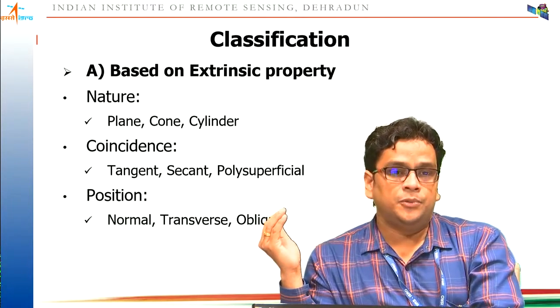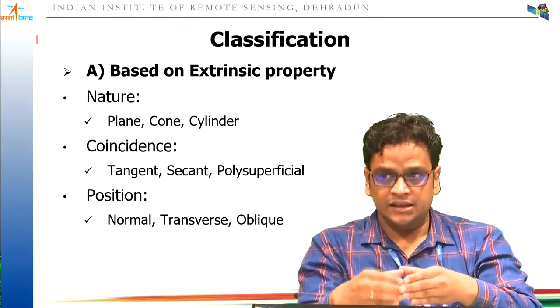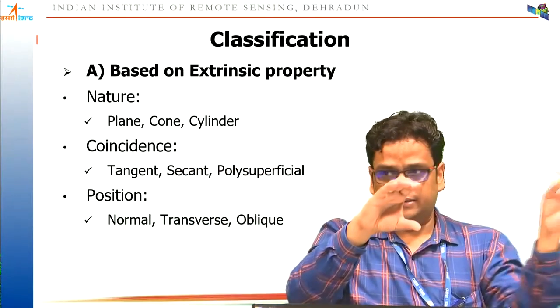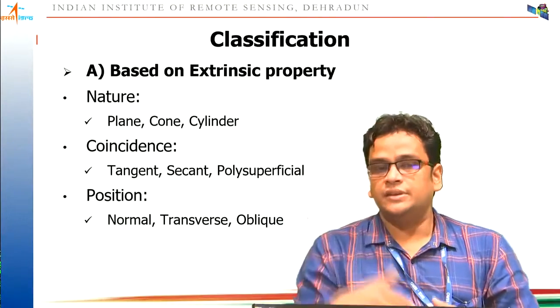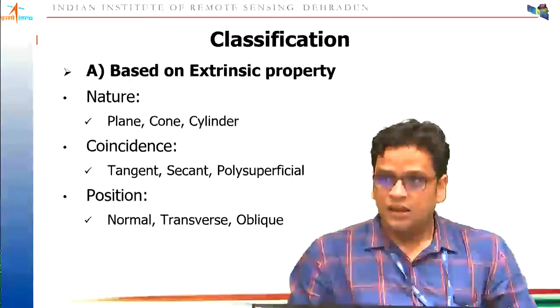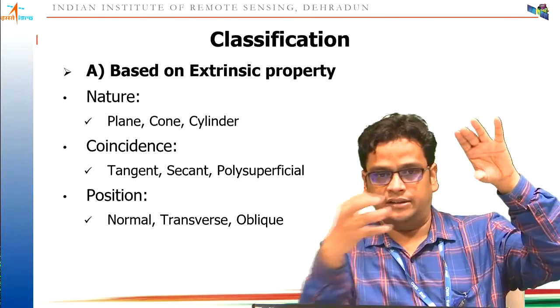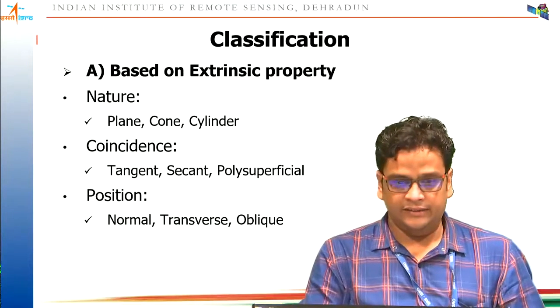And similarly, position-wise, you place the cylinder like this, this is the normal case. You take the globe and take the cylinder like this, push it into that, and then you project, then you unwrap it. This is basically the transverse case. And oblique means at any angle you can place that globe, different angles.